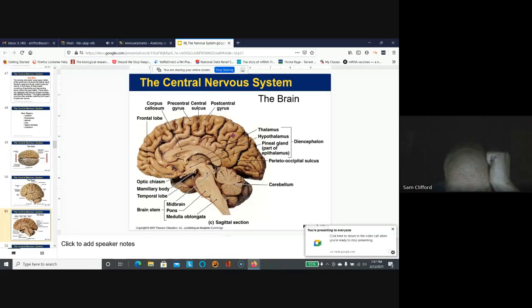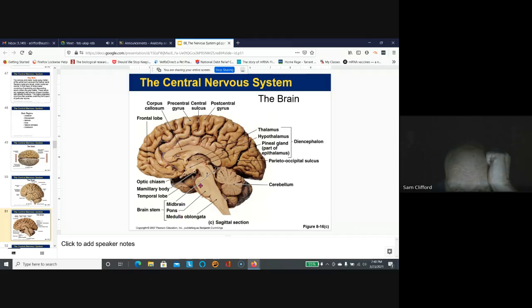So then we have the midbrain. The brain stem contains the midbrain right here, and the pons and the medulla oblongata.